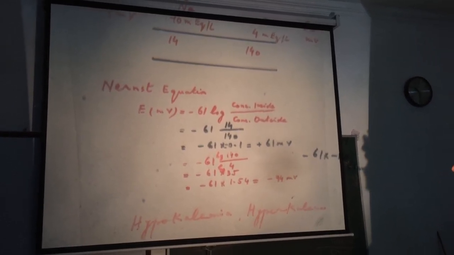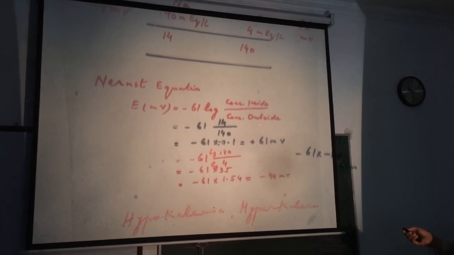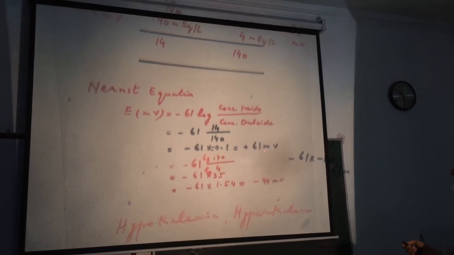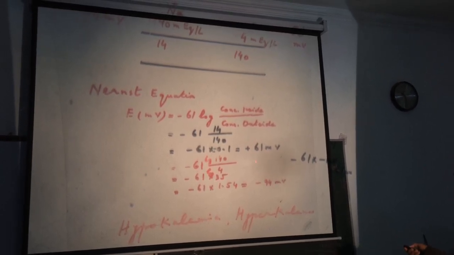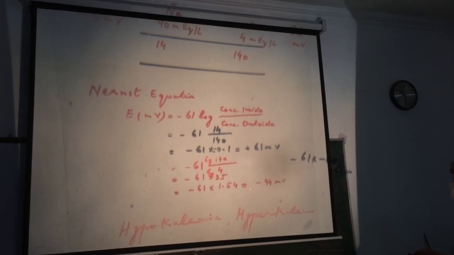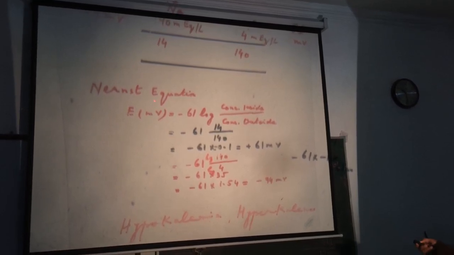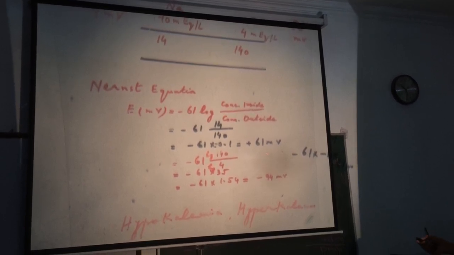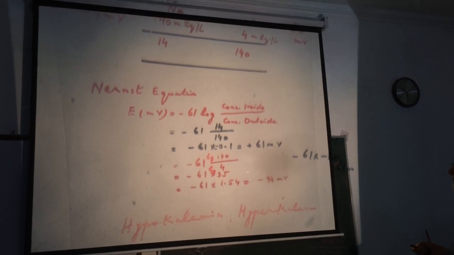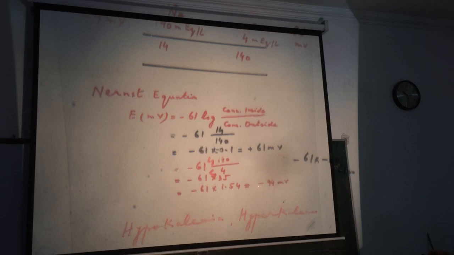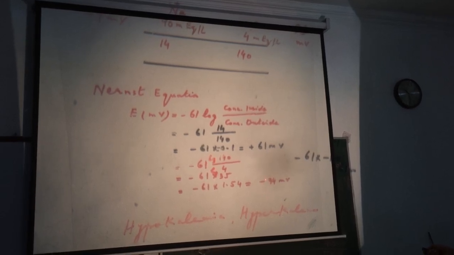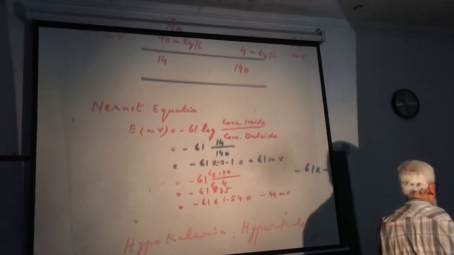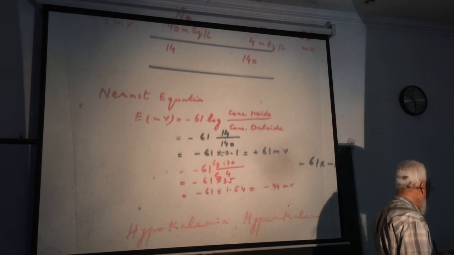This plus 61 millivolt is called the Nernst potential for sodium, and minus 94 millivolt is called the Nernst potential for potassium.